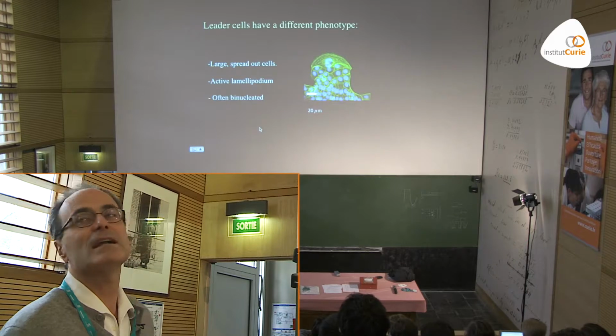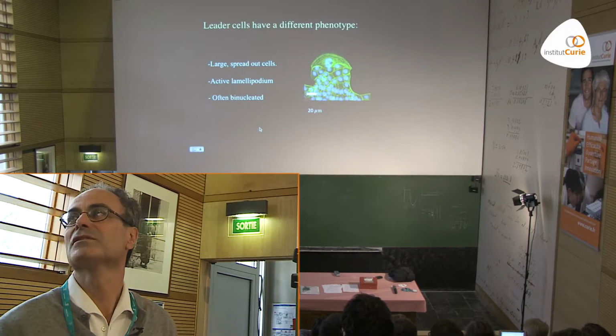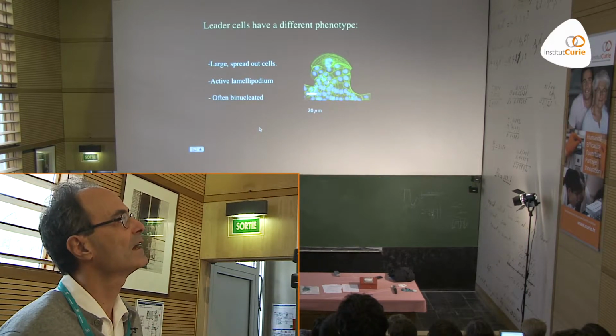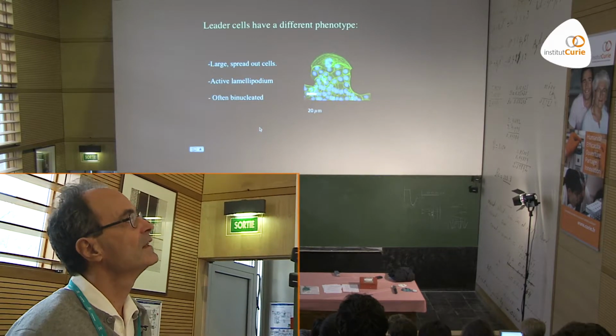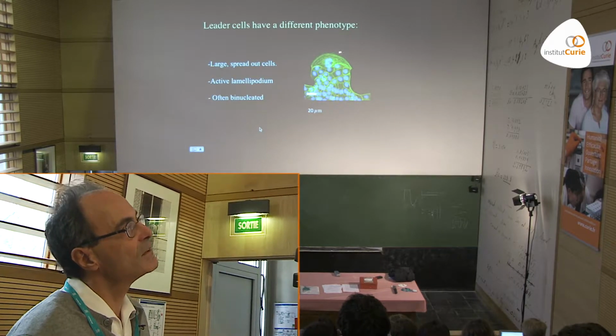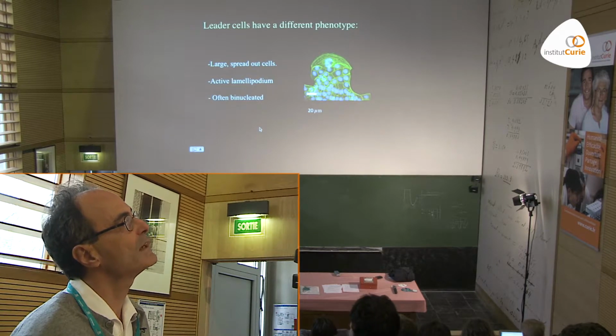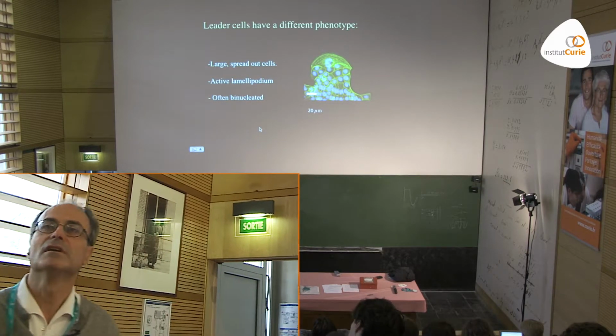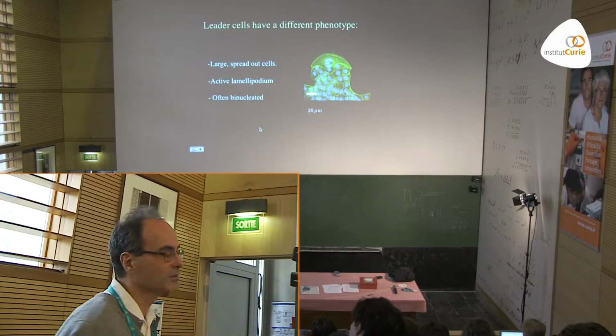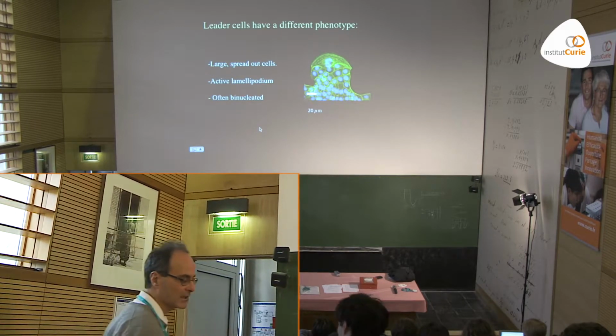And the blue here are the nuclei. So there is a different cell on the top, and very often it has two nuclei. When division occurs, it doesn't succeed completely, and there are two nuclei.